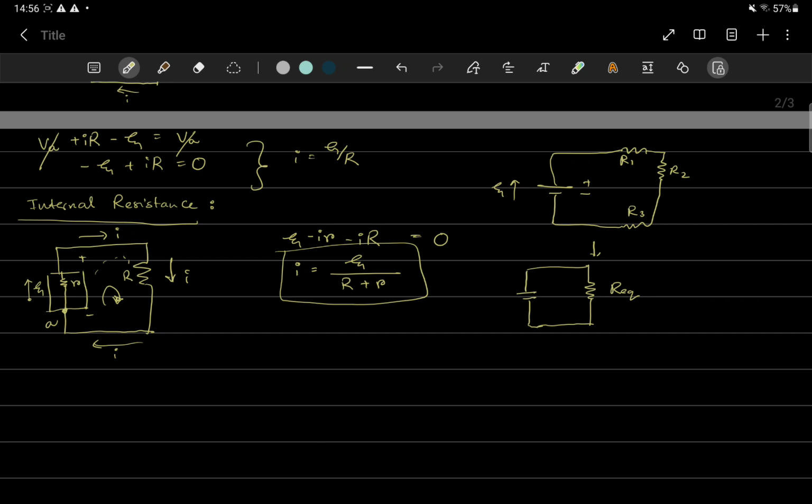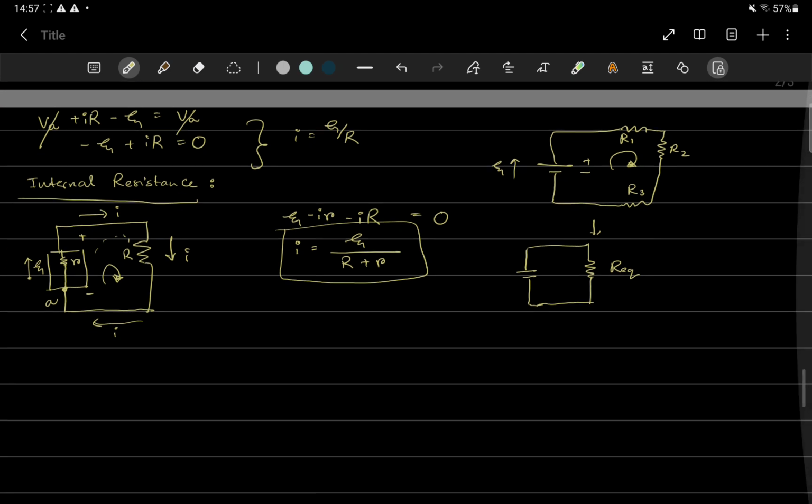So how I would do that is, let's consider first the current, which is what we were doing with the loop rule, on this resistor, and then we can find out what actually the equivalent resistance relationship is with R1, R2 and R3. So we apply the loop rule.